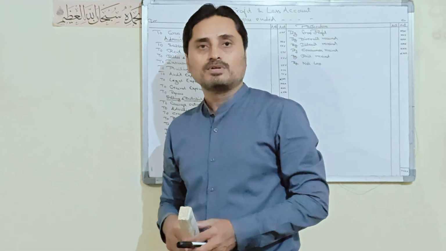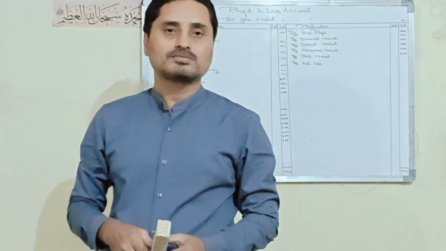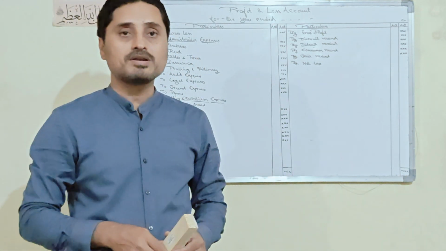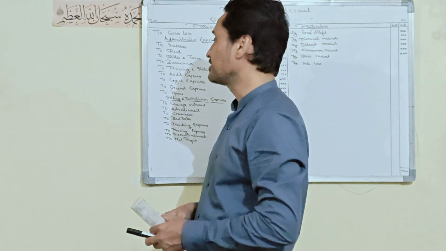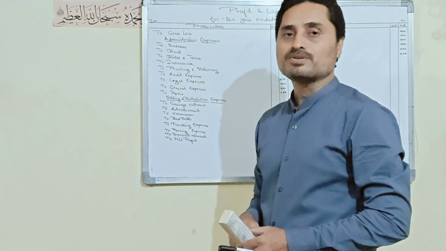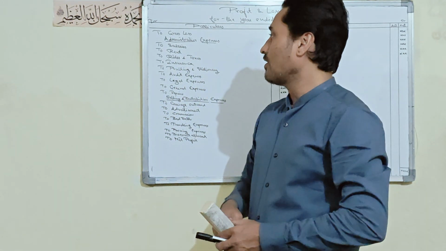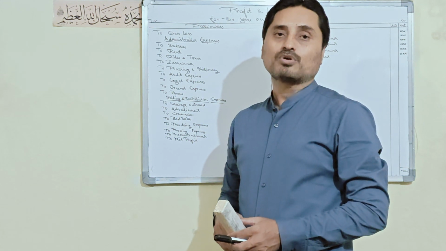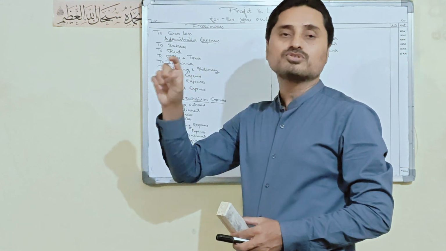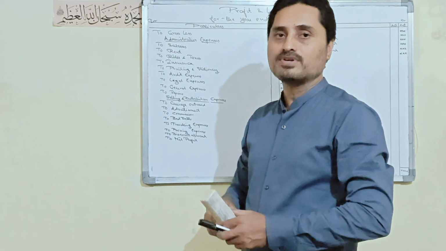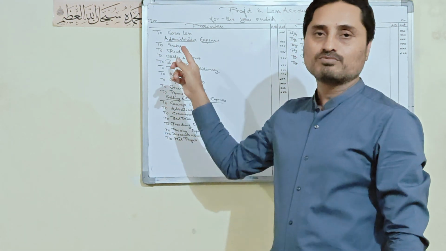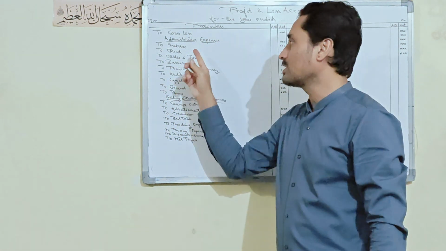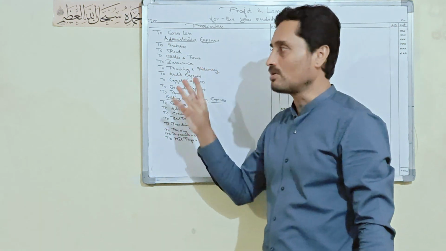Suppose in the problem only rent is given, and nothing is mentioned whether that rent relates to factory or office, then it is to be assumed that the rent relates to office. Because when we pay factory rent, definitely the problem will mention clearly factory rent. If only rent is given, then it should be assumed as office rent and must be recorded into profit and loss account.